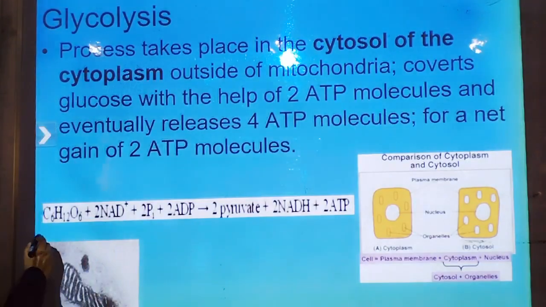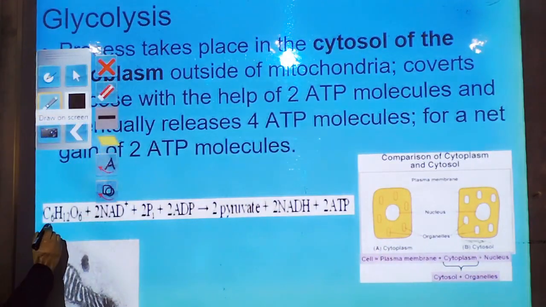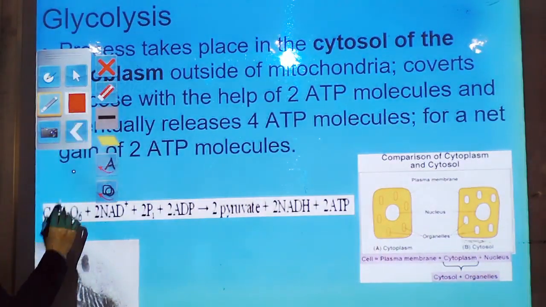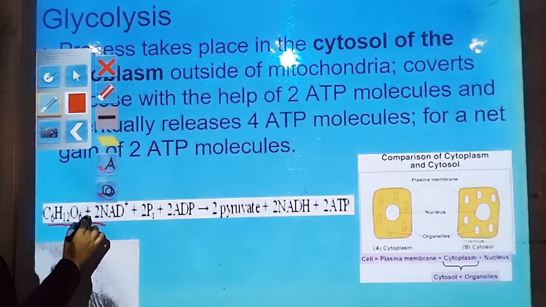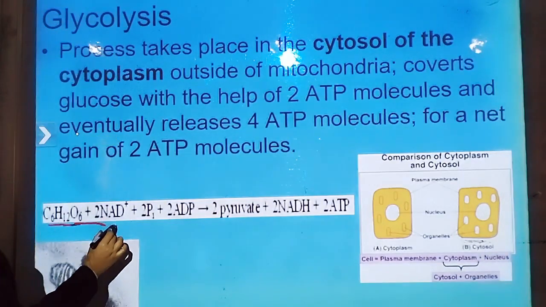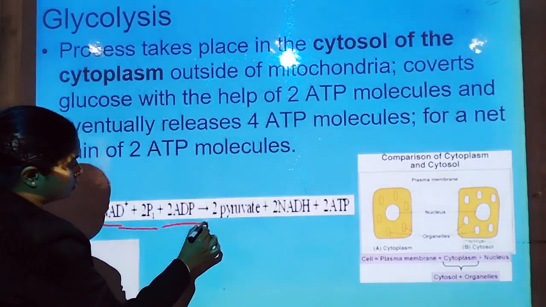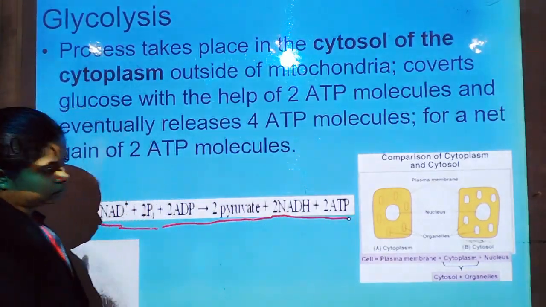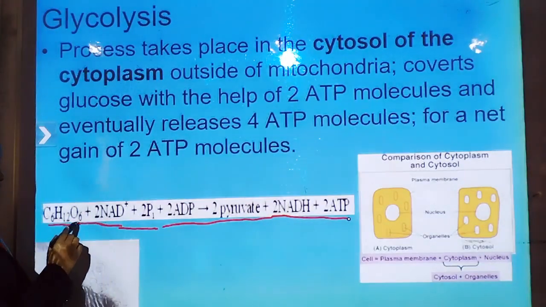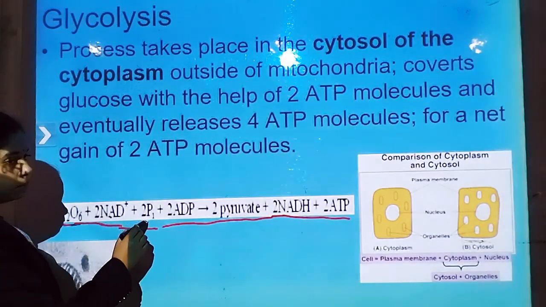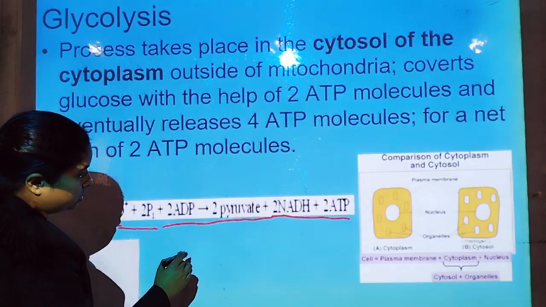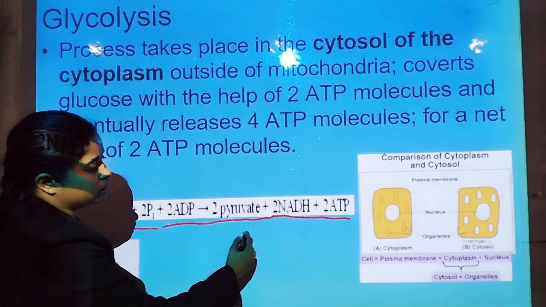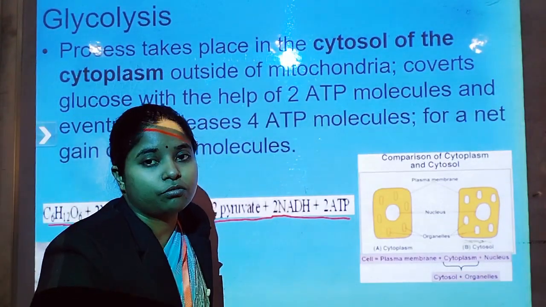So here is the summary of this reaction: C6H12O6, the carbohydrate, plus 2 NAD plus, inorganic phosphate, and 2 ADP, converts to 2 pyruvic acid, 2 NADH and 2 ATP. This is the overall reaction of glycolysis.